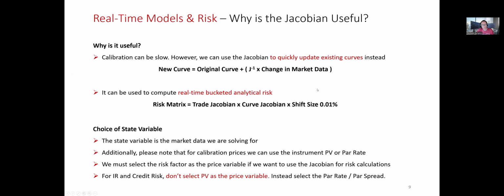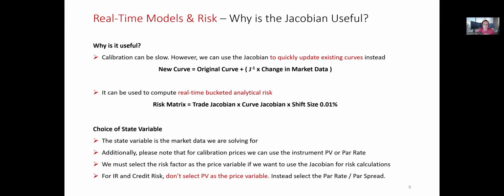Now, why is the Jacobian useful? Firstly, model calibration. Sometimes it's fast if it's very well implemented in a good library, and sometimes it's complex. Sometimes perhaps we're doing it in Excel. But quite often, if it's done well, calibration isn't necessarily that slow.